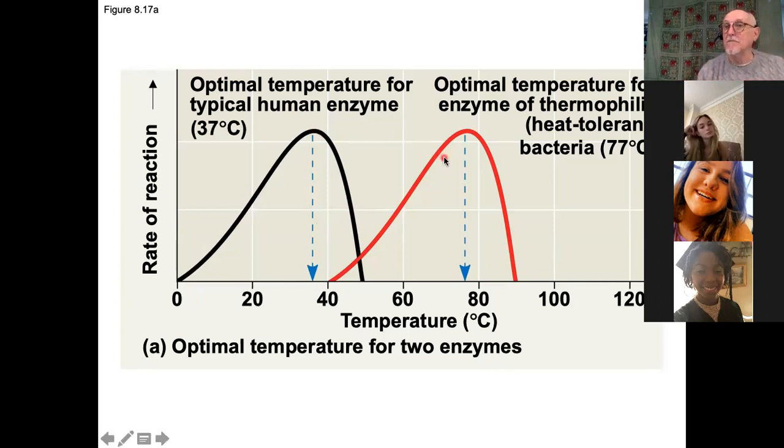But there are organisms which have very different temperature optima. There are bacteria which have optima around 77 degrees Celsius. There are others that have optima around 90 degrees Celsius. It just depends on the organism, how they've evolved, and how their enzymes have evolved.